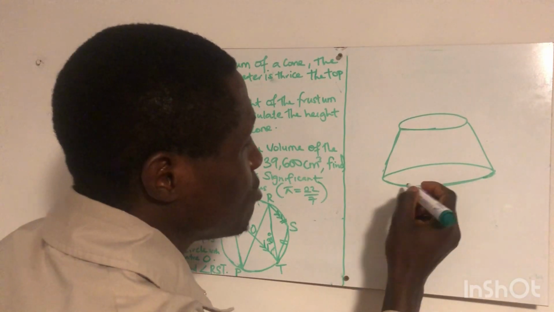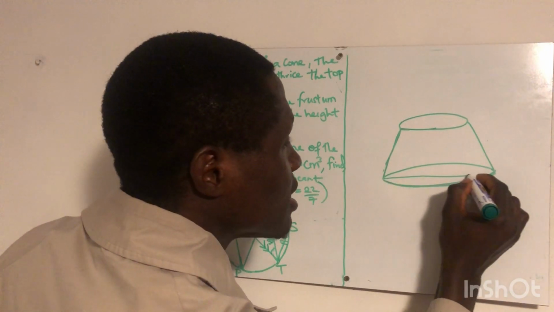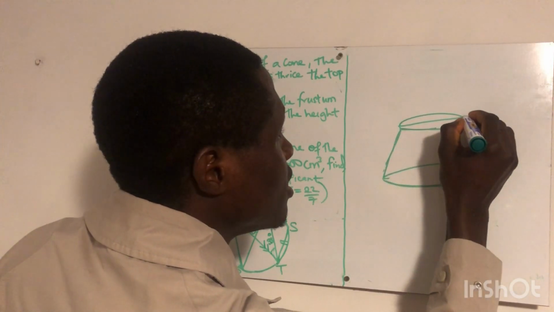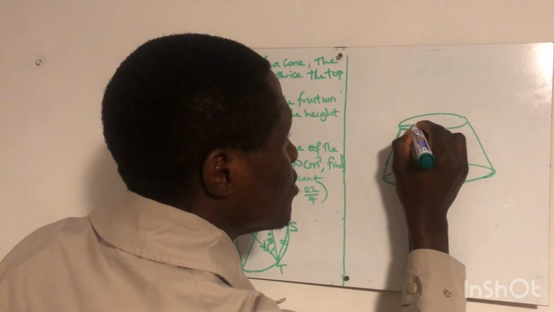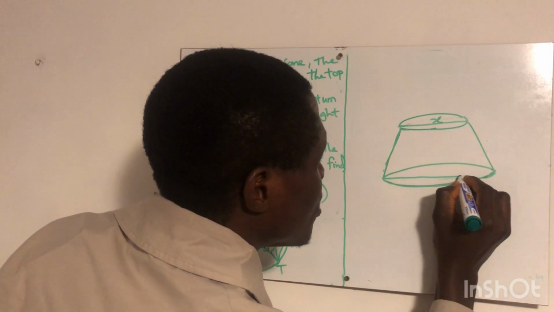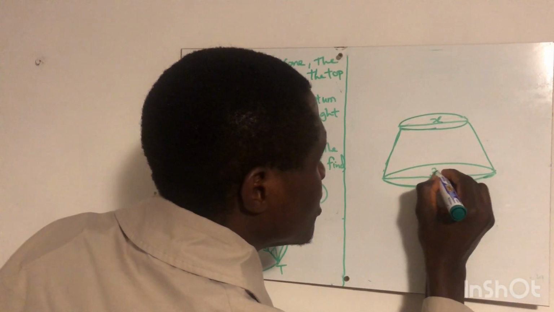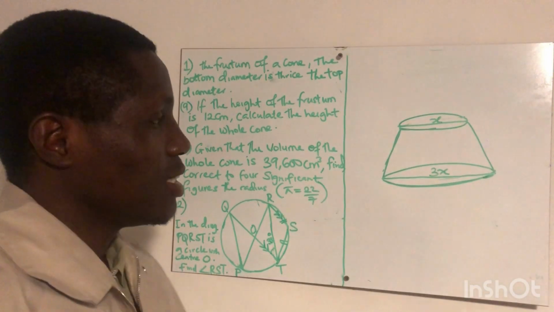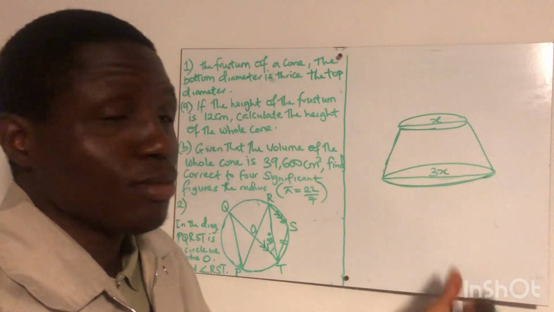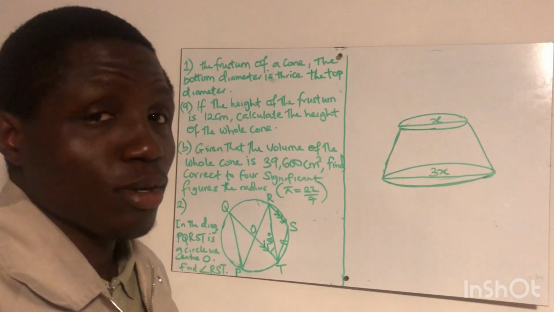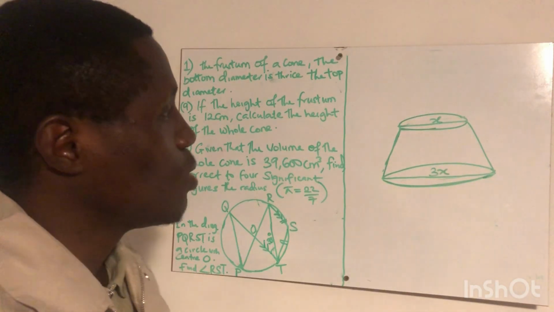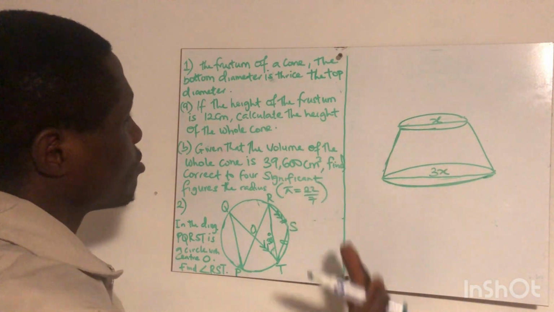So if the top diameter is x, then the bottom diameter will be 3 times x, because it is 3 times the top diameter. This is the interpretation of the first information given to us.